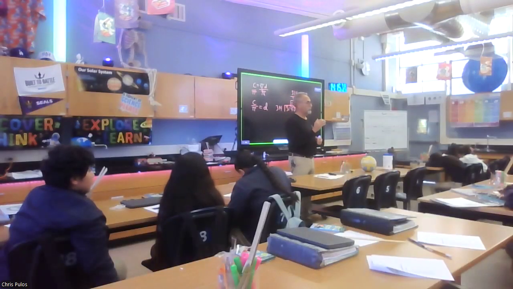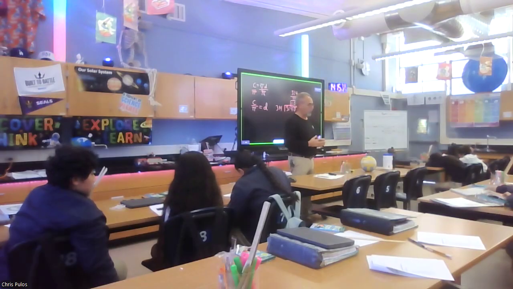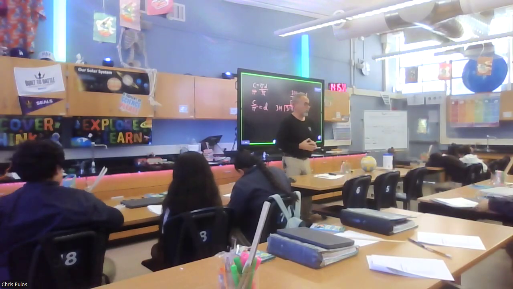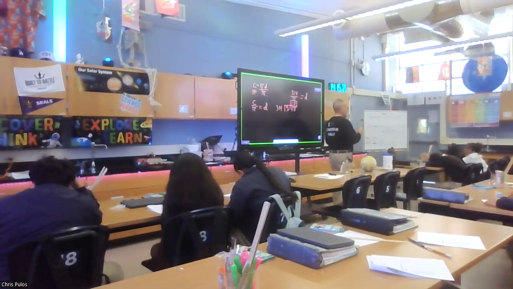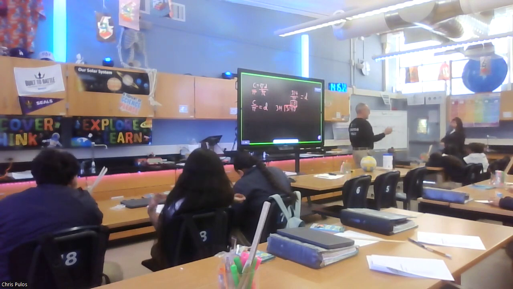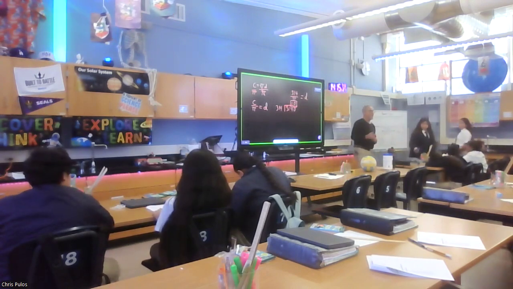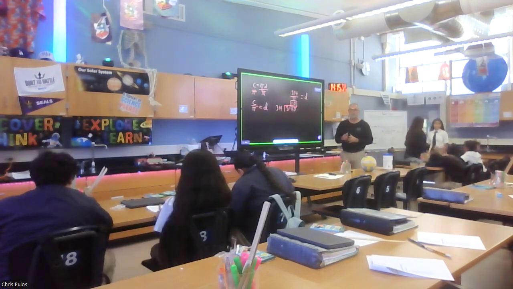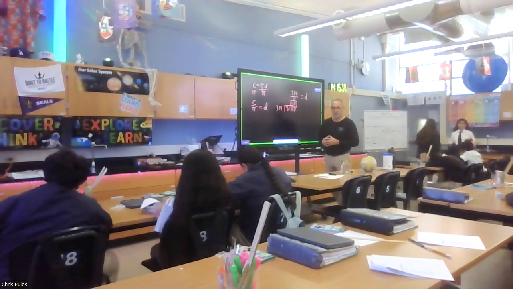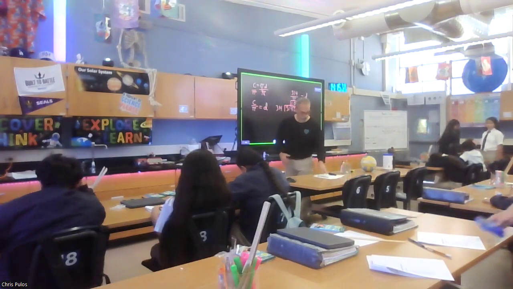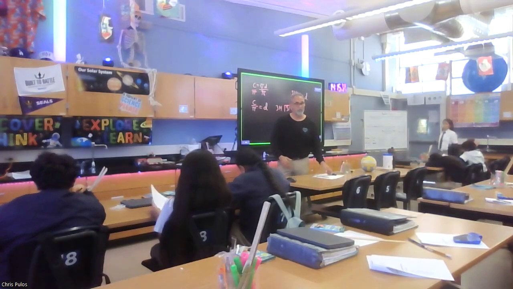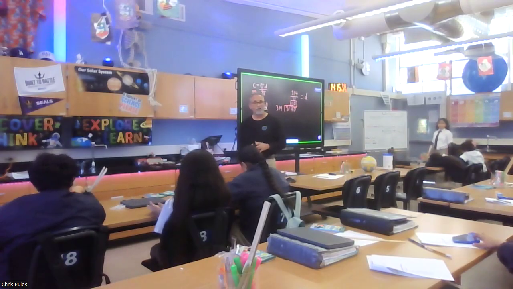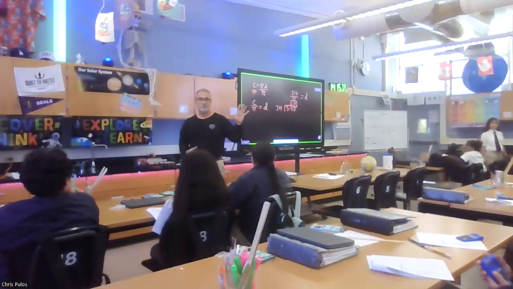So I want you to start working on 1, 2, and 3, and then talk it over with your partner and table mates. Then as a group finish the rest of those so that we can move on to finding our diameter when they give us a circumference.